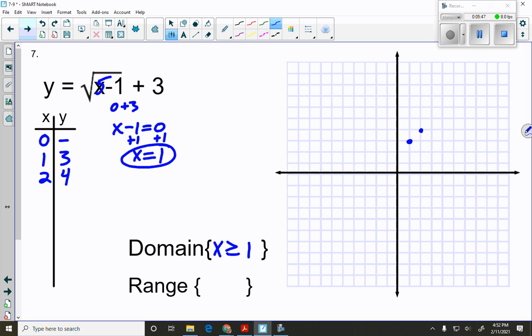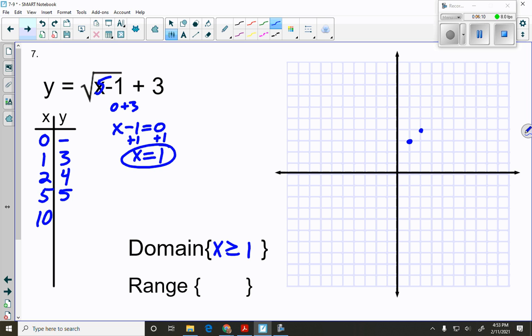If I go 5 minus 1, I get the square root of 4, which is 2, plus 3. So if I plug in a 5, I end up with a 5. That's not too bad. Next one, what else would be nice? This 9 minus 1. What if I put in 10? Whew, I would do the opposite. Here we go.